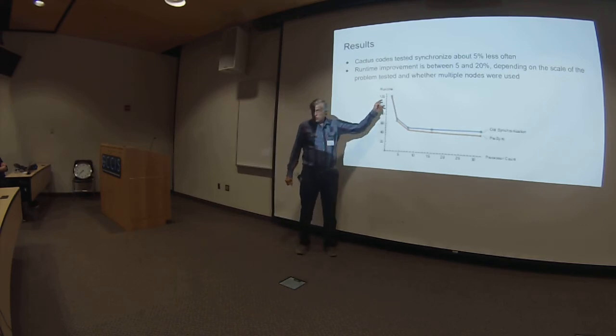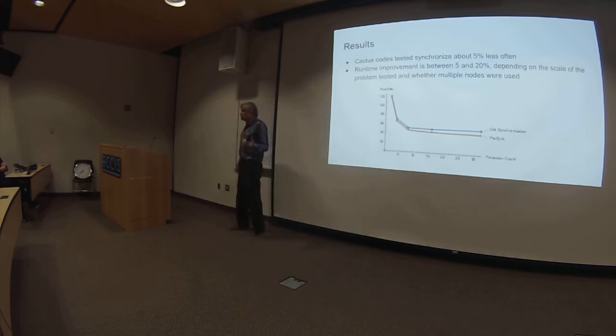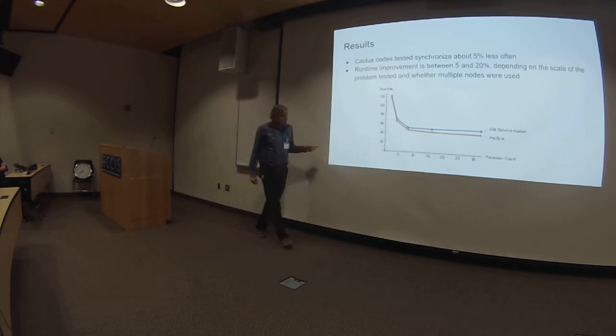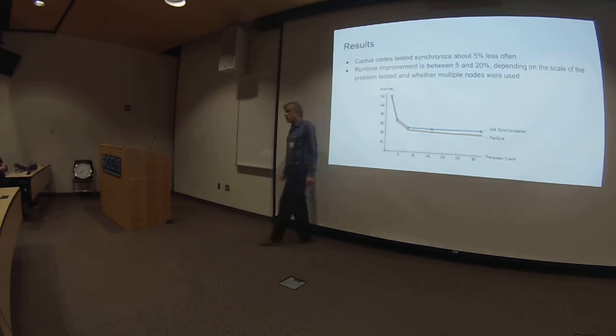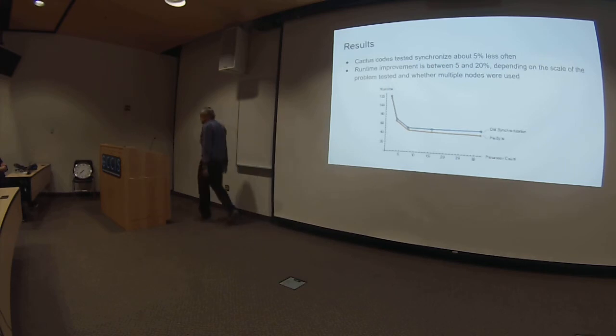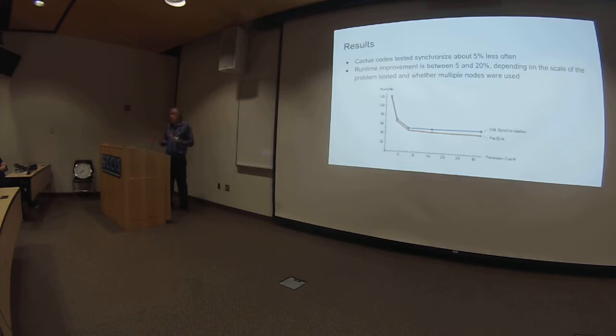You can run little benchmarks with them, and you discover that we do see a savings of time because of fewer synchronizations that we need to do. On average, there's like 5% fewer synchronizations in some of the tests we've looked at, and runtime improvement is between 5 and 20%, depending on a host of things, right? What problem you're doing, whether you're running across multiple nodes, and so on.